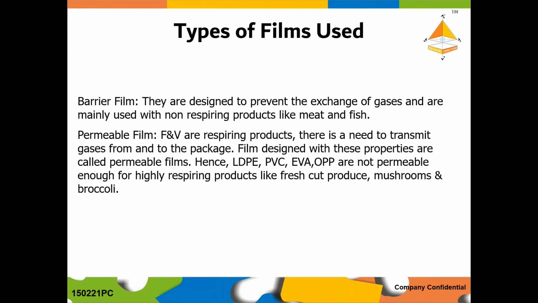For fruits and vegetables, which are respiring products, there is a need for gases to transmit from and to the package. That is the reason the films designed for them are called permeable films, like LDPE, PVC, not much in use, EVA, OPP. These are not permeable enough for highly respiring foods like fresh cut product, mushroom and broccoli.